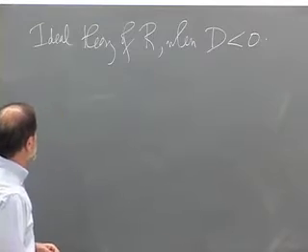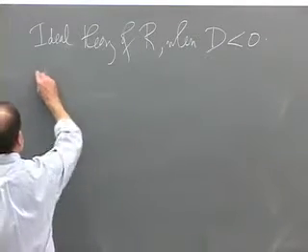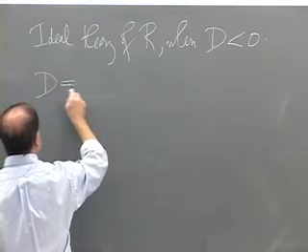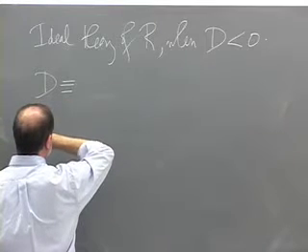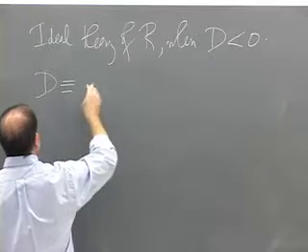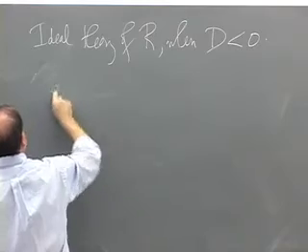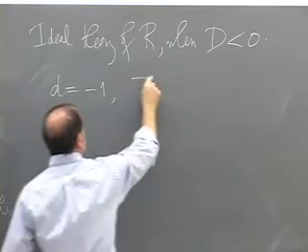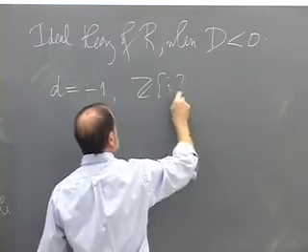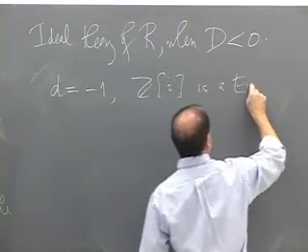All right, now, we saw that when D was equal to minus 1, so we got the Gaussian integers, it is a Euclidean ring.